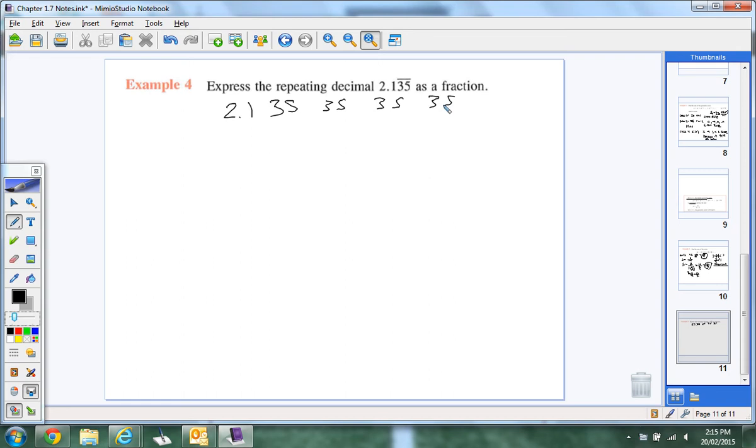So how I write this as a series would be 2.1 plus, now what place value are these in? So it's 2.1, here's my tenths. What's after your tenths? Hundredths and thousandths, right? So this is 35 over 1,000. That's how you demonstrate that as a fraction.